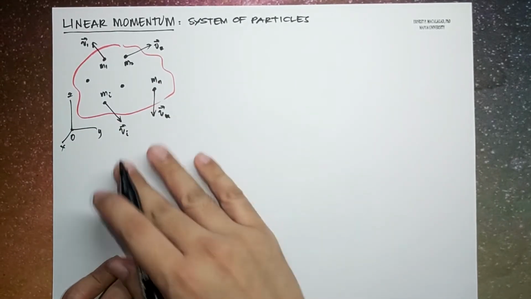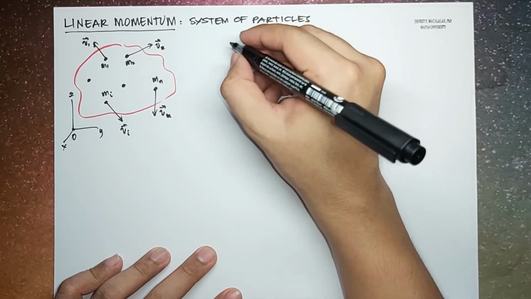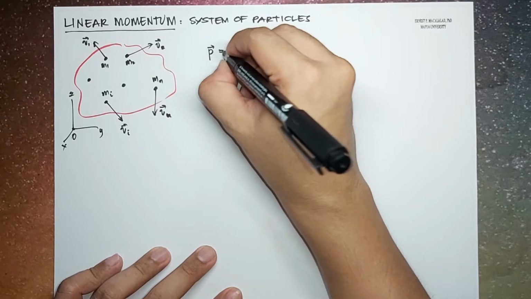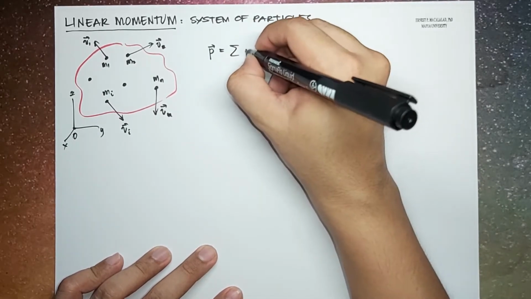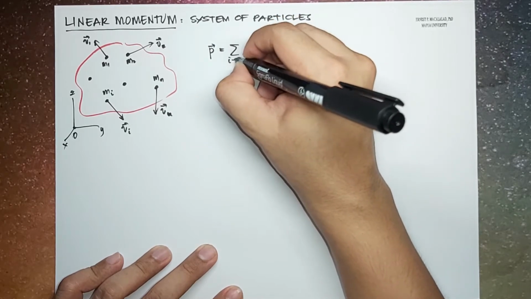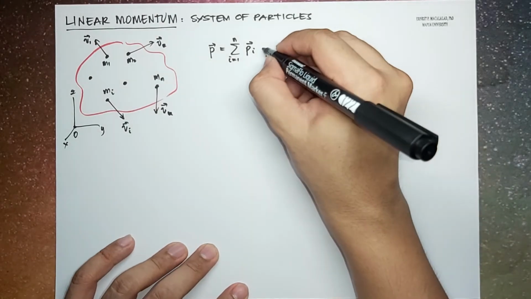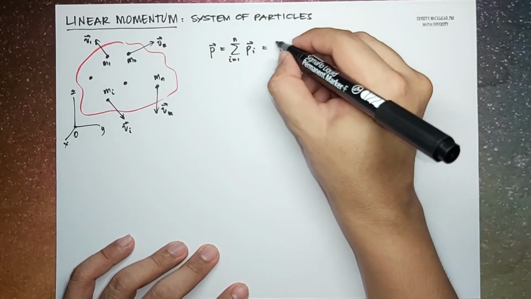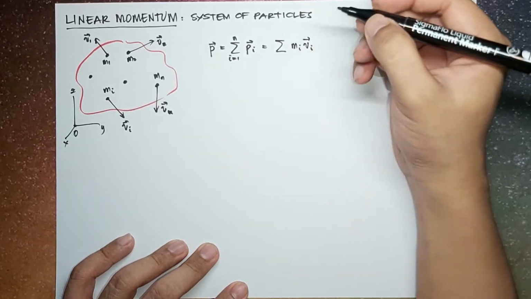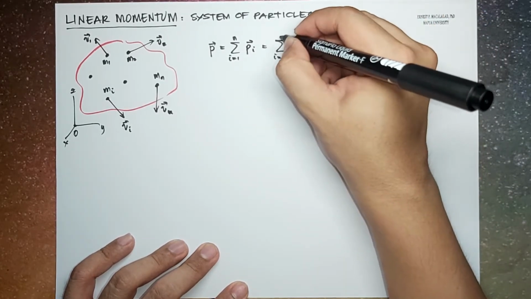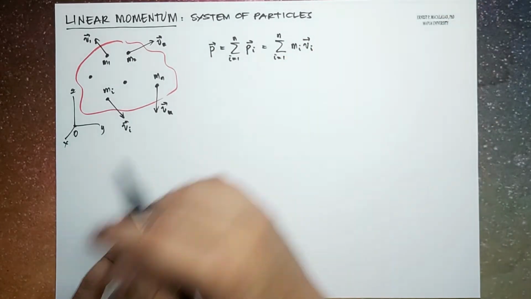So the linear momentum of the system of particles is given by the vector sum of the linear momentum of the individual particles, where i is equal to 1 to n. By definition of linear momentum, this is equal to the sum of mi times vi for all i, where i is equal to 1 to n.